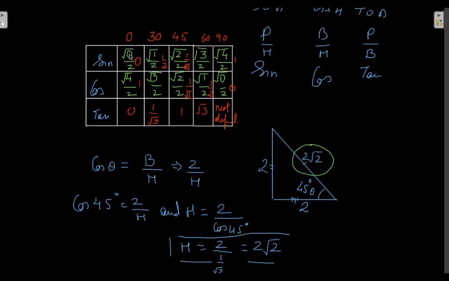From left to right, starting from 0, you write 0, 1, 2, 3, 4, take the root of that, and divide that by 2. Whatever you write from left to right in case of sine, in case of cos, you write the same numbers from right to left. And then of course tangent is nothing but sine over cos.